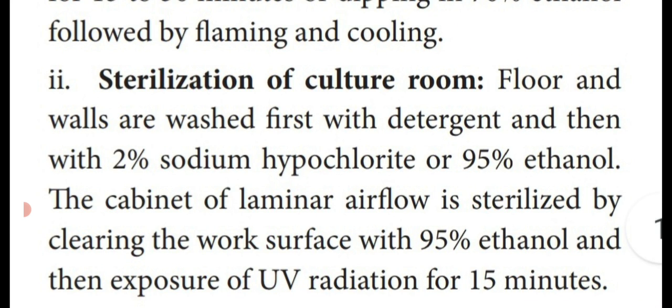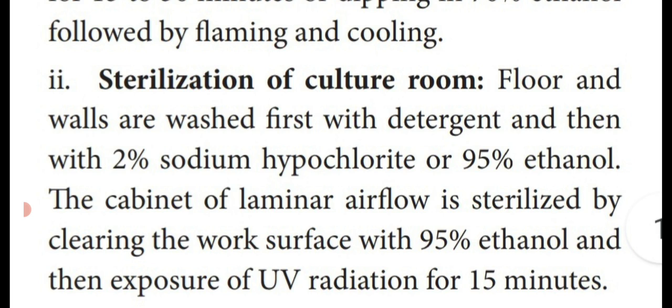Next sterilization is sterilization of culture room. I told you the plant tissue culture room also should be sterilized. Floor and walls are washed with soap, water or detergent, or we can wash with 2% sodium hypochlorite or 95% ethanol.